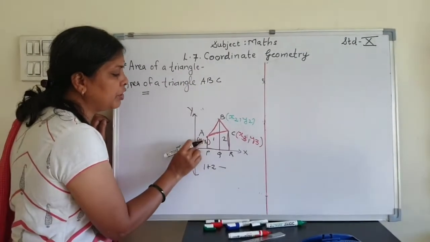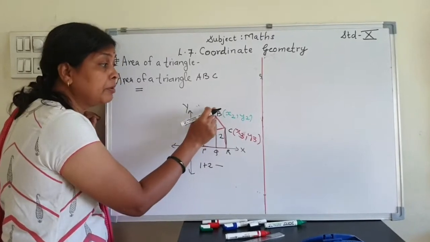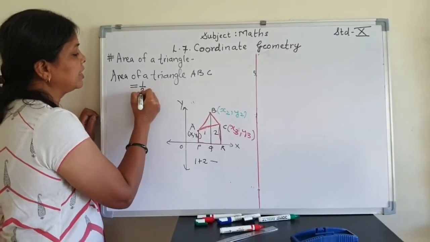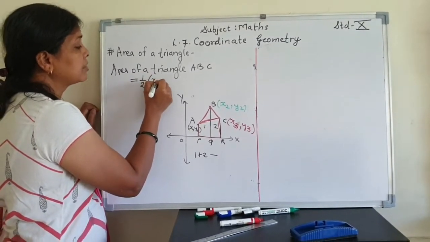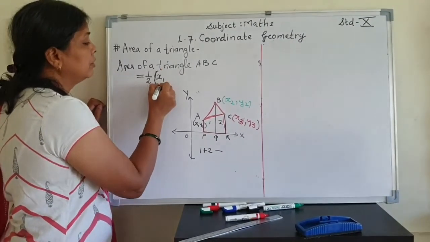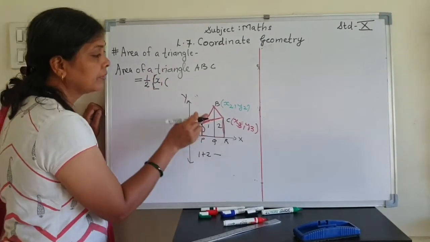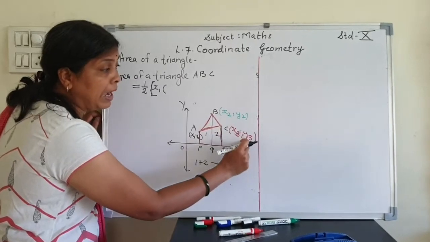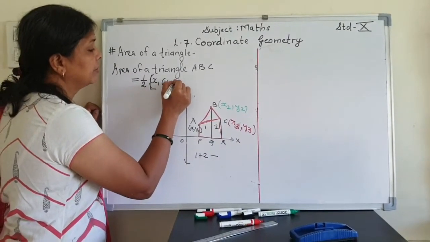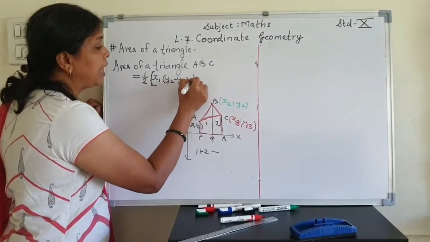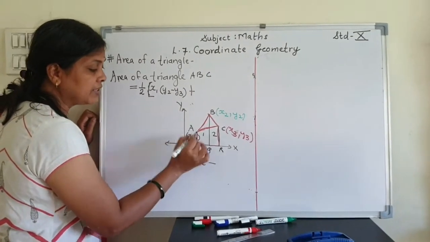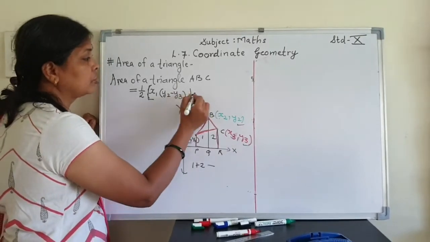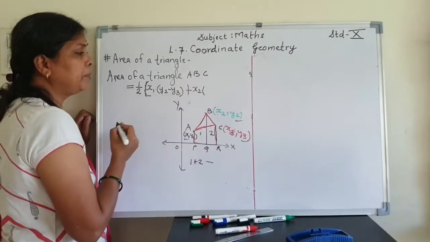Directly I am giving you, we know the coordinates of points A, B, C. So directly here we get the area as half into x1 in bracket, this is x1 we have taken, then y2 minus y3, go in order, plus x1 is done, y2, y3 done, then x2 in bracket.